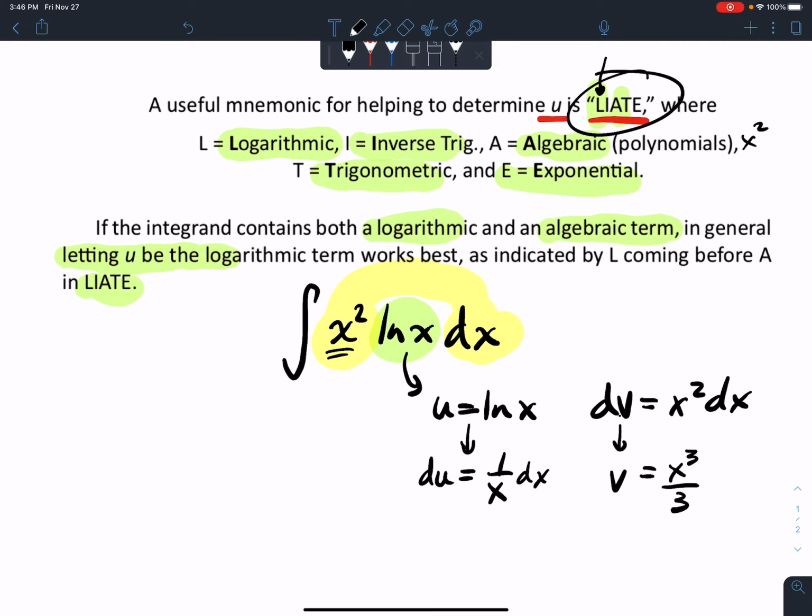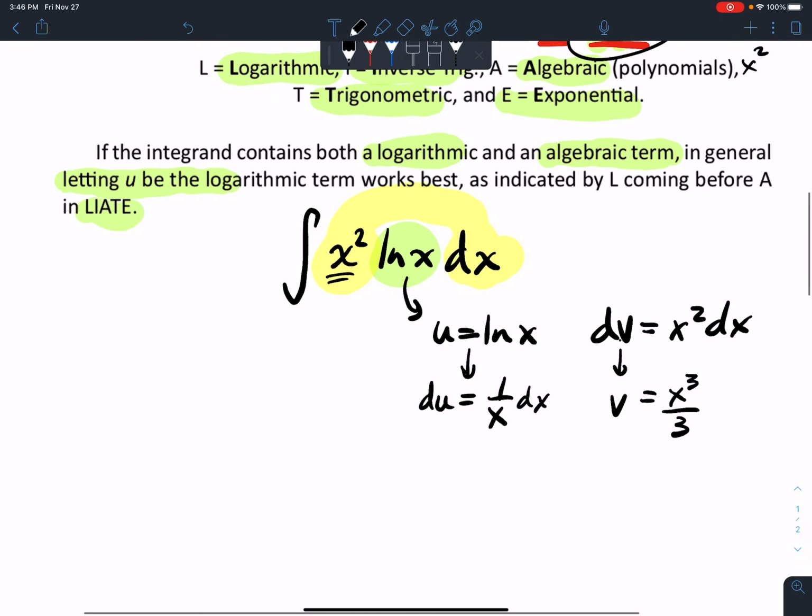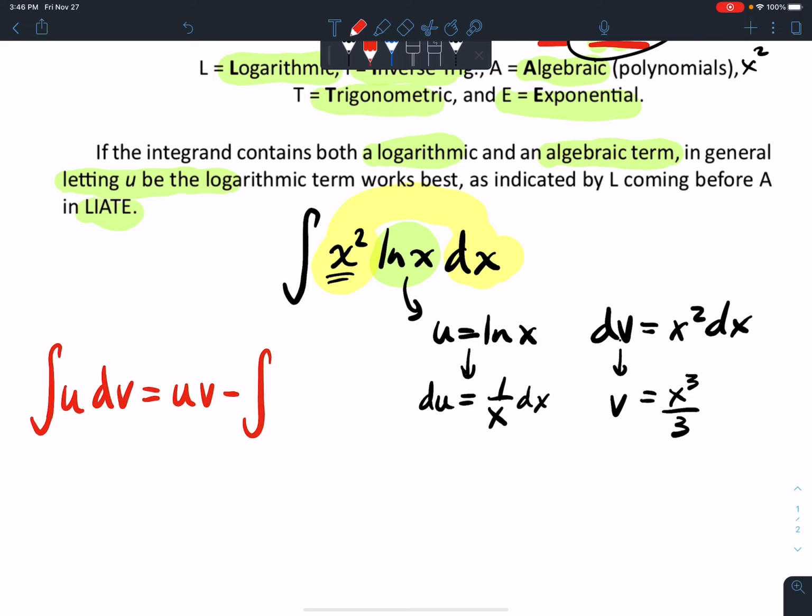And so then I can combine and run through my formula. So how would the formula work here? This is kind of a capstone. Remember, my formula for integrating is the integral of u dv equals uv minus the integral of v du.